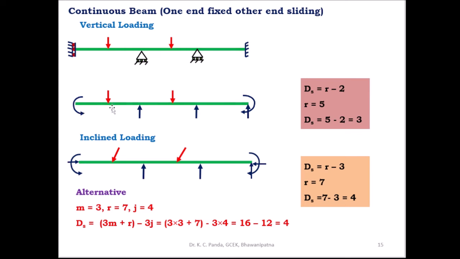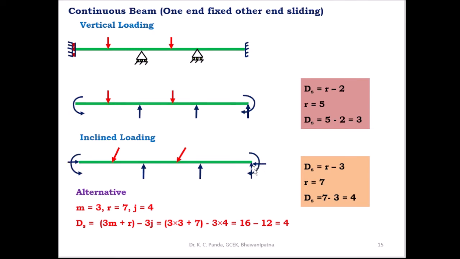In this case the degree of static indeterminacy can be found using this expression, ds is equal to r minus 2. Here the total number of reaction components is 1, 2, 3, 4, 5, so r is equal to 5. So the degree of static indeterminacy is equal to 5 minus 2, which is equal to 3. So ds is equal to 3 when the load is in the vertical direction. Similarly, when the continuous beam is subjected to inclined loading, in this case at the sliding support there is a horizontal reaction component and there is moment.